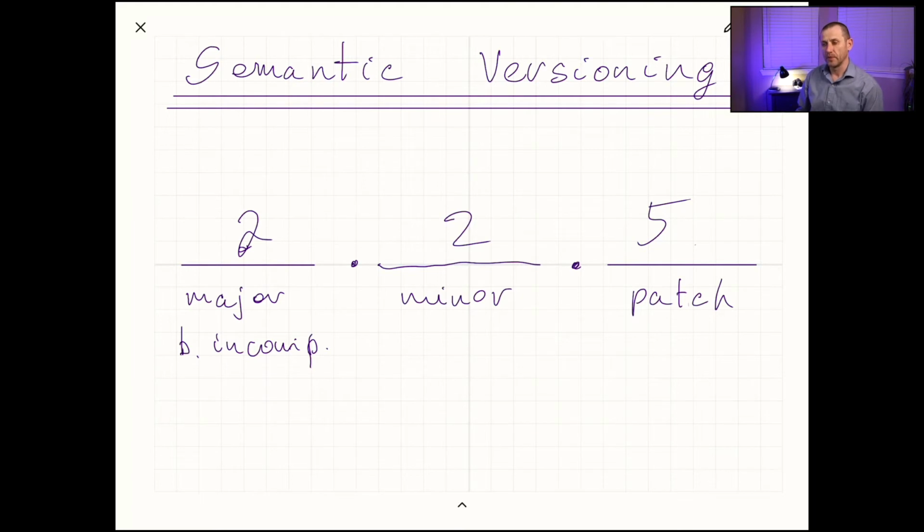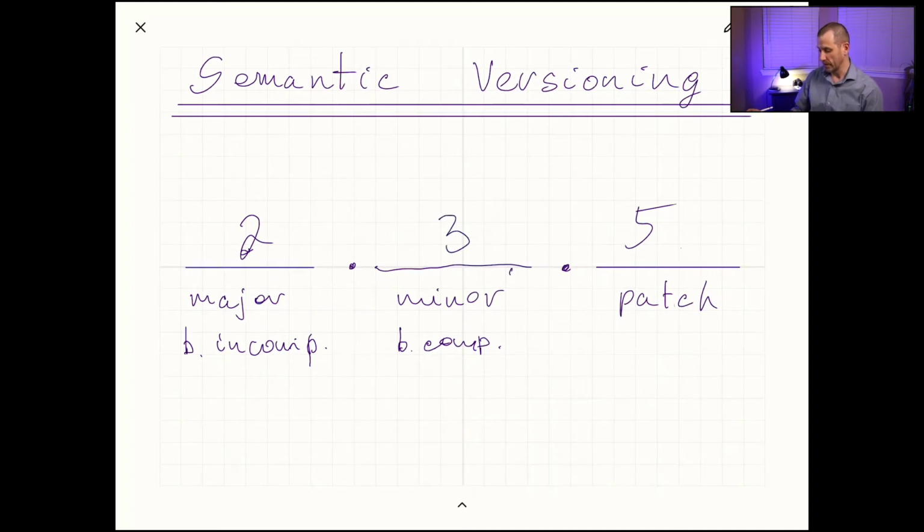If I create a version that adds a new feature, but it doesn't modify behavior of existing features, then it's a backward compatible change. And then I increase the second number. 2 becomes 3.